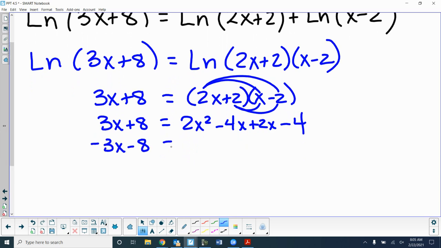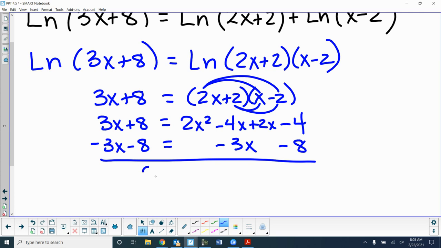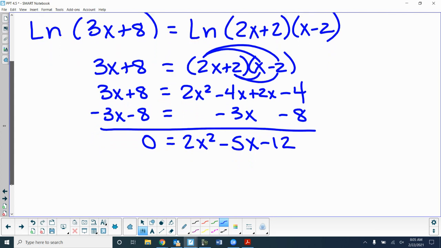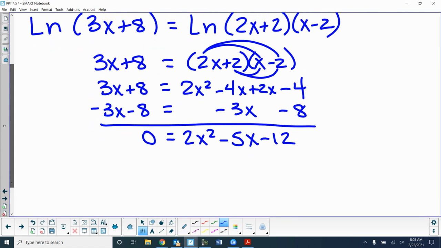So I'm going to bring these two to the right side. So the left side's nothing. So I got 2x squared. Negative 4 plus 2 is a negative 2, minus 3 is a negative 5. Negative 4 and a negative 8 is a negative 12. This I think will factor, but you can use the quadratic formula if you want.